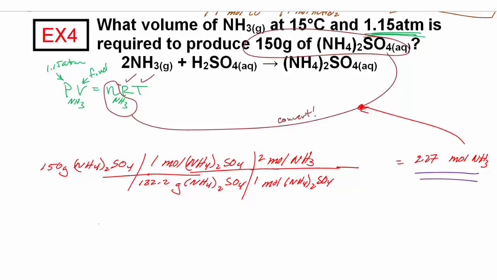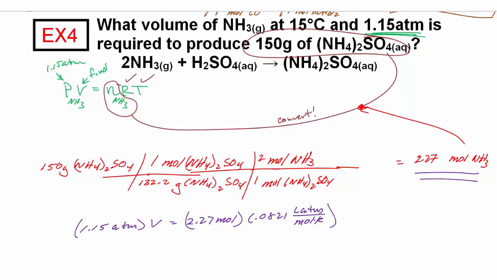So now I know what the moles of ammonia is. I can just plug into my ideal gas law. The pressure due to the ammonia was 1.15 atmospheres. I'm trying to find volume. My moles is 2.27 moles of ammonia. Gas constant is 0.0821 liter atmospheres over mole Kelvin.